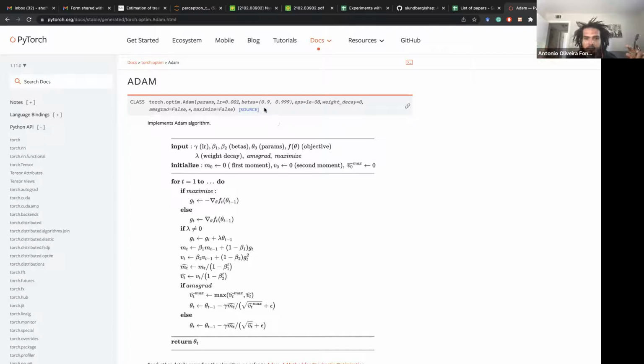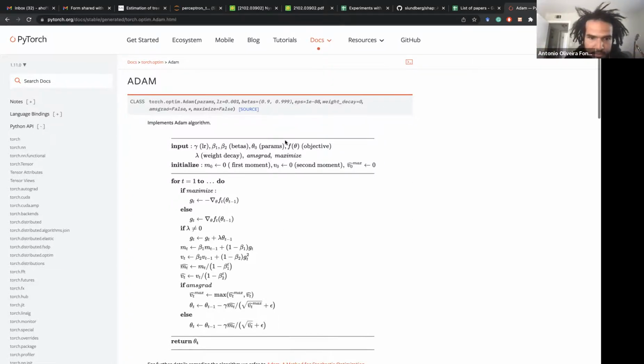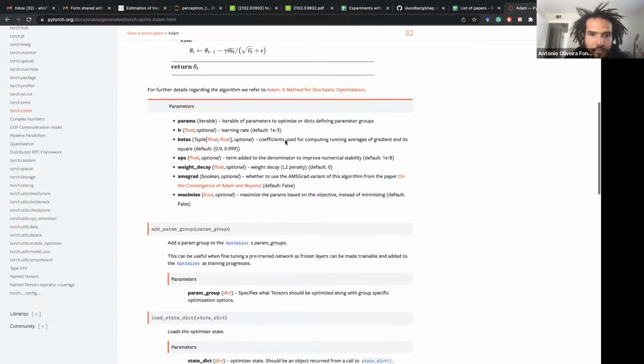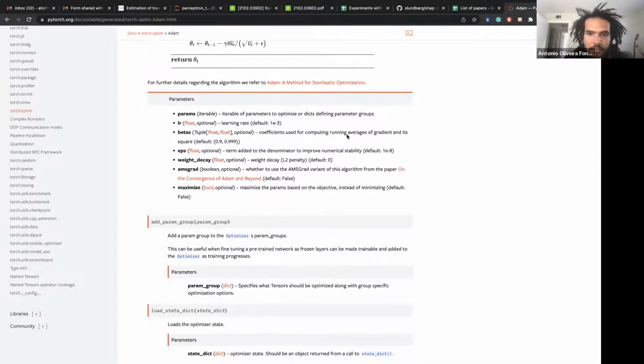Okay, so the first beta, let's see if it says here. Yeah, the first beta is proportional to the gradient, and the second beta is proportional to the momentum, which is like the square of the gradient. Those are the two betas that you see here.